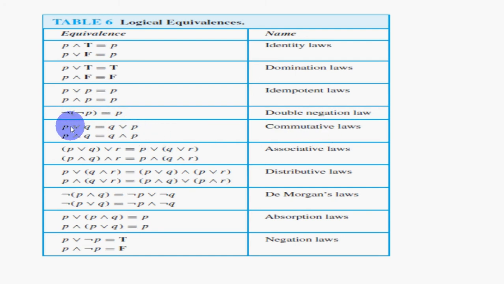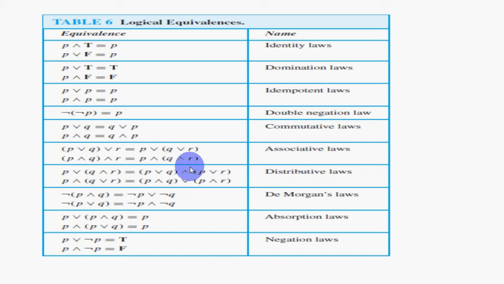Commutative, anyway you know: P OR Q is logically equivalent to Q OR P, P AND Q is logically equivalent to Q AND P. Associative law, anyway you know: (P OR Q) OR R can be written as P OR (Q OR R). So next one, distributive law.